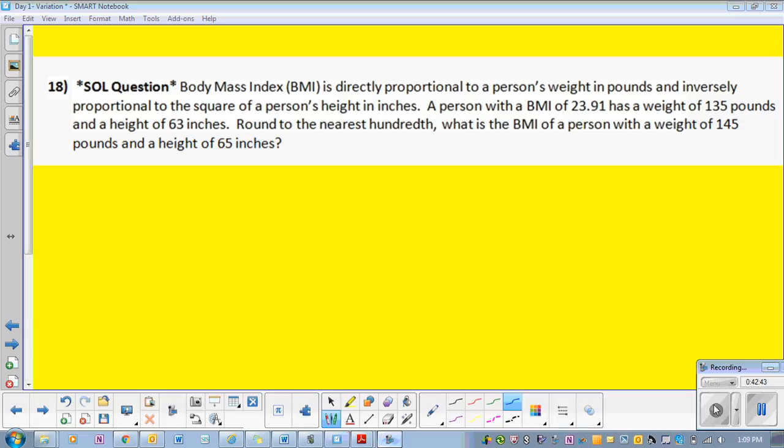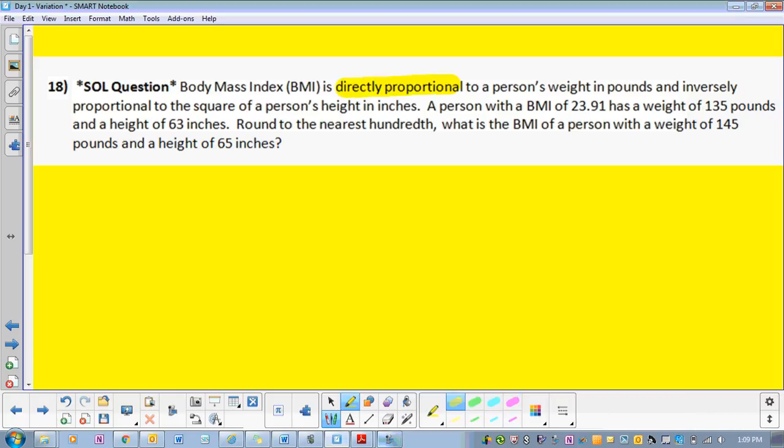Okay, so body mass index, BMI, is directly proportional, there's that word, and inversely proportional to something else. BMI is directly proportional to a person's weight and inversely proportional to the square of height.